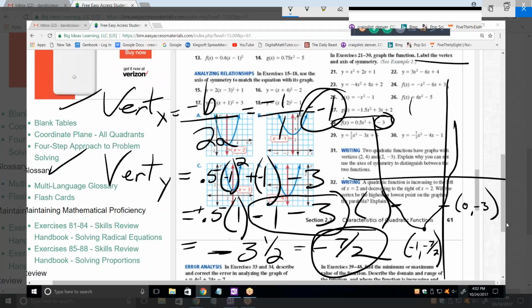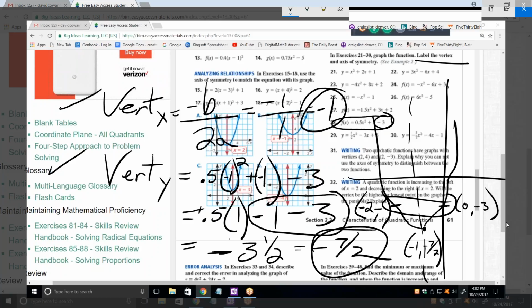here's our line of symmetry. That's why they want that. So -2. The y-coordinate doesn't change. Notice that it's the same place vertically, right?